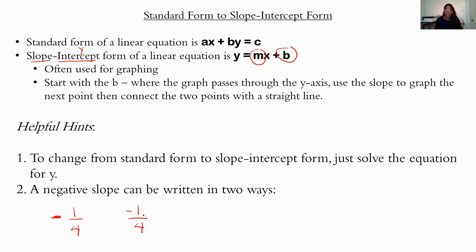So the negative can go in the numerator, like I started off with, or it can go in the denominator. But the thing is, you cannot make both the numerator and the denominator negative, okay? Only when you have a negative slope, one of them, either the numerator or the denominator, will be negative, okay? Not both, just one, okay? And you can pick which one would be correct.